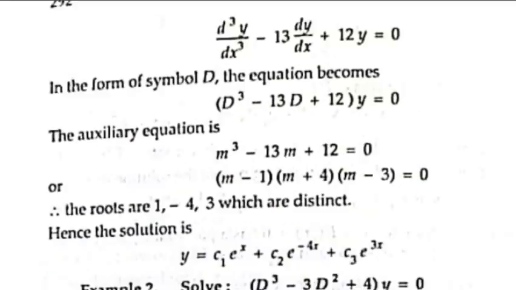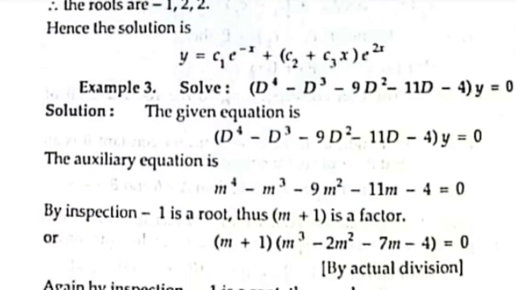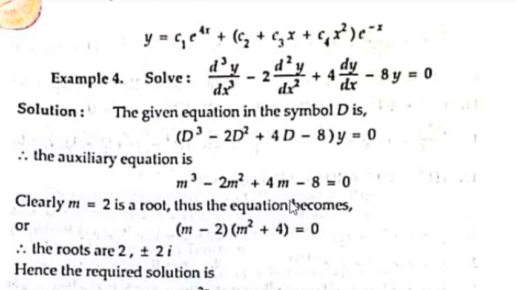So then it gives a cos beta x plus b sin beta x only. In this problem there is only imaginary part but no real part, so alpha is equal to 0. So for that we write the solution as a cos 2x plus b sin 2x.